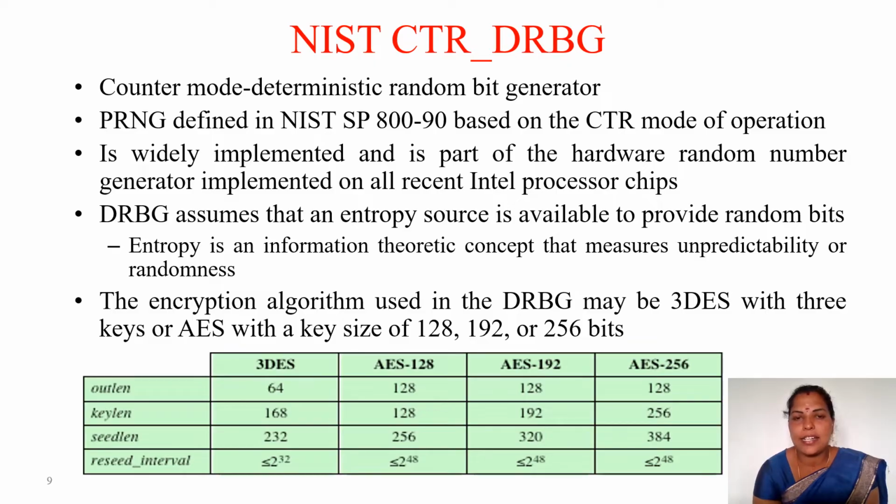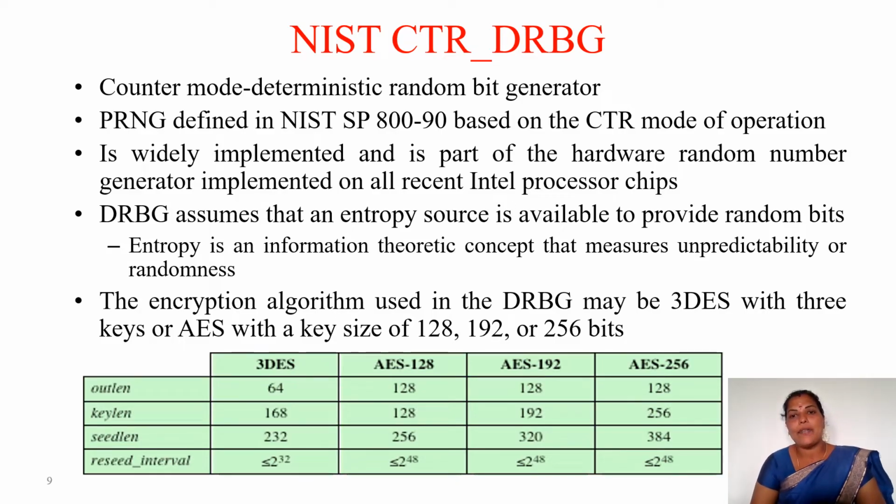Next is the NIST, National Institute of Standards and Technology, CTR, which means counter mode deterministic random bit generator. This pseudo-random number generator is defined in NIST standard SP 800-90 based on the counter mode of operation, and it is widely implemented and is part of the hardware random number generator implemented on all recent Intel processor chips.